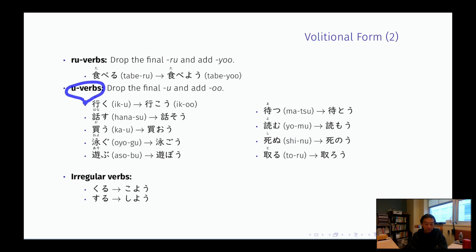If it's a u verb, all u verbs end with u sound, right? In the short form, they always end with u sound. You change that u sound to o.